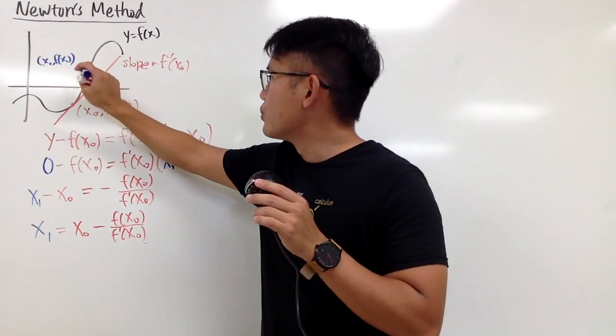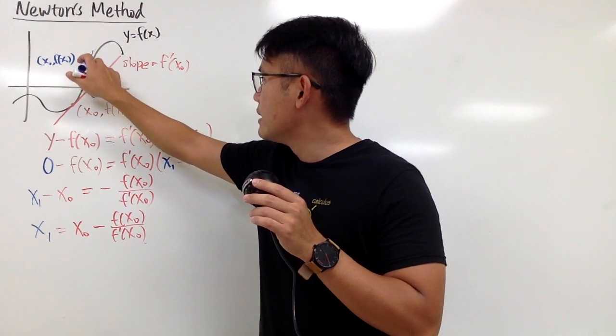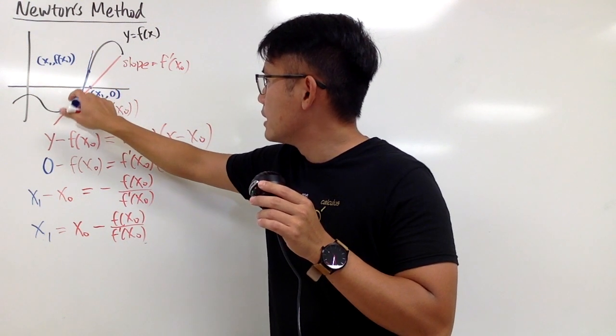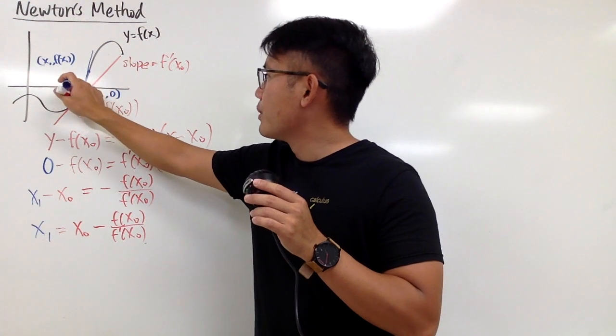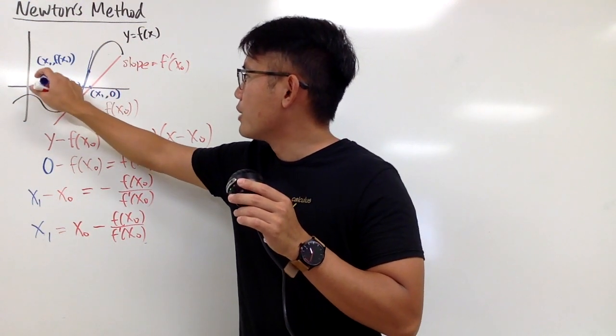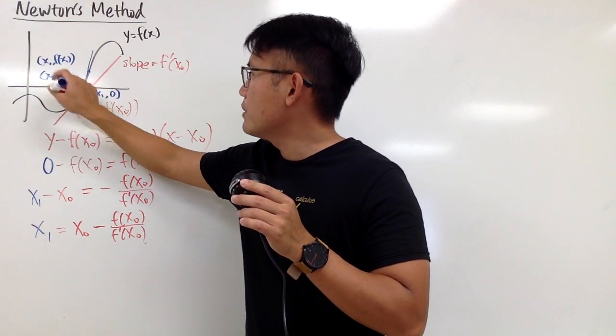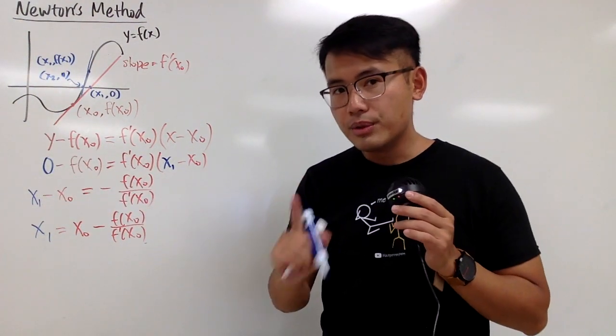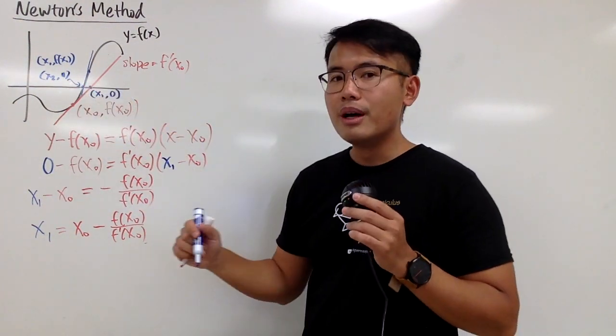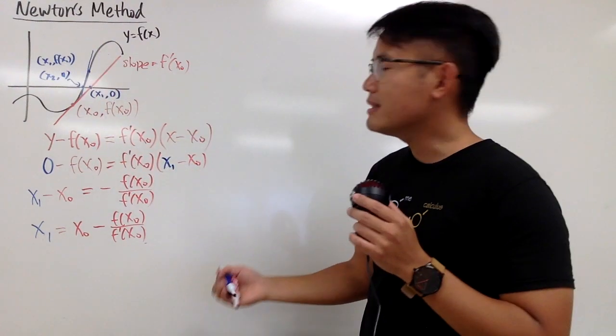I'm just going to draw a tangent line like this. And hopefully, this point here, which I'm going to call x2, 0, is really close to the actual 0. And I know my picture is not the best.